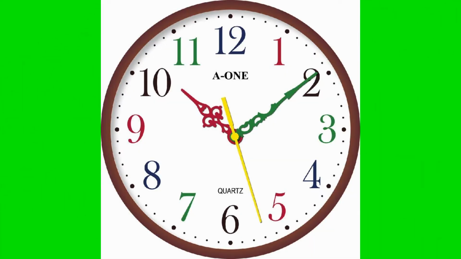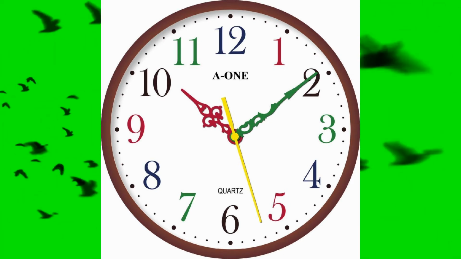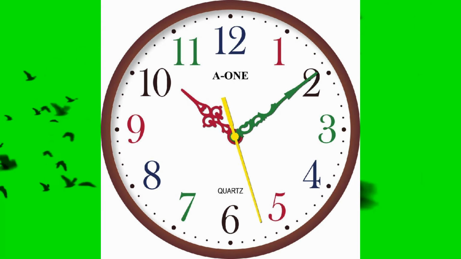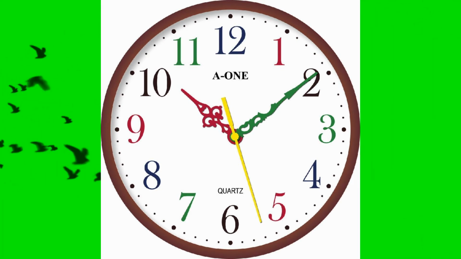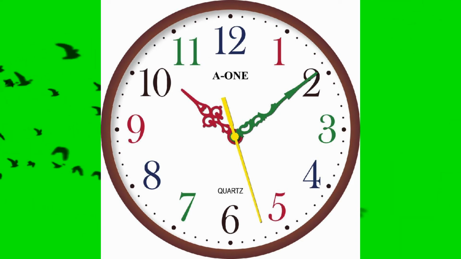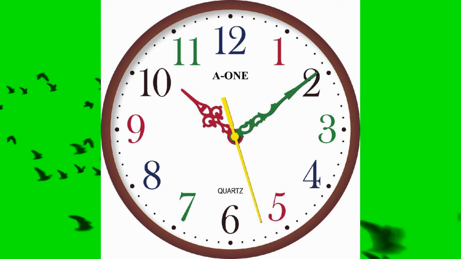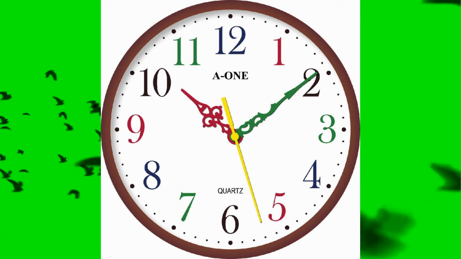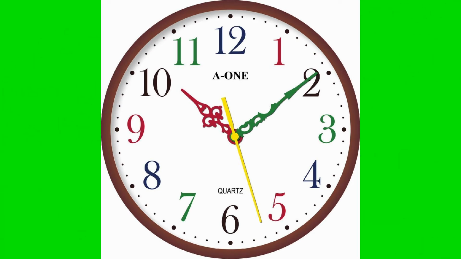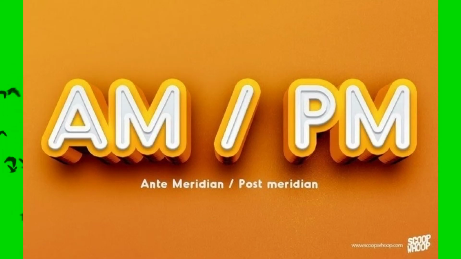Now when someone asks you what is the time before 12 o'clock in the noon, अगर कोई आपसे टाइम पूछता है दोपहर के 12 बजे से पहले का टाइम, so what would you say? Suppose if the time is 10, अगर आपकी वॉच में 10 बजे है, then you have to say 10 a.m. The full form of a.m. is anti-meridian.